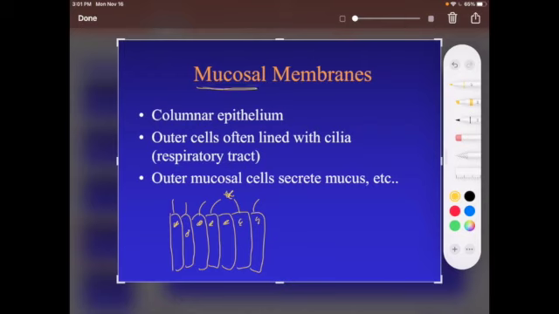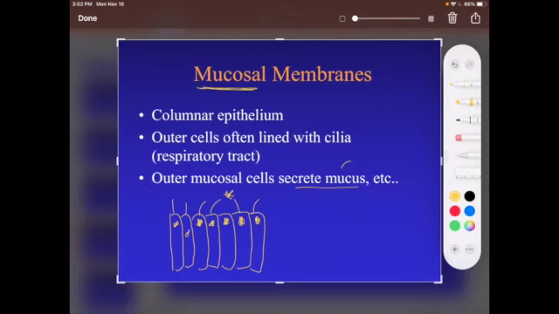Mucosal membranes also secrete mucus. Not a big surprise. You have mucus in your upper respiratory tract. You have mucus up in your nose. Alrighty, so that's columnar epithelium. So mucus can actually have some antimicrobials in it, but it also just provides more of a barrier as well.